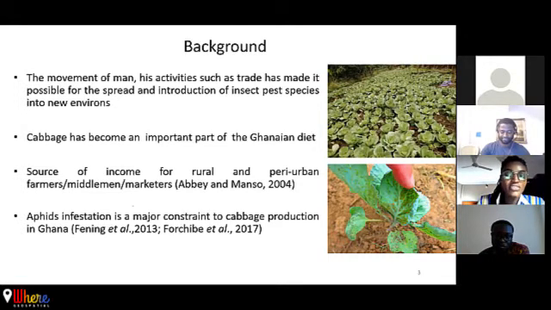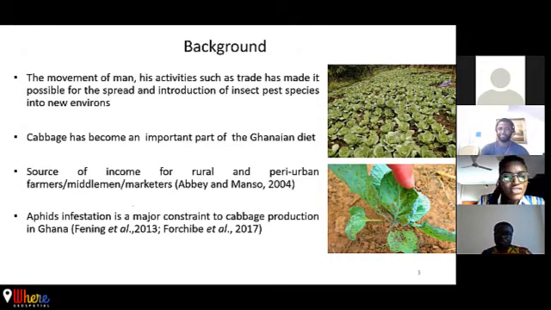Some insects are not endemic to certain areas, but you find them in particular places. Cabbage, for example, is not a Ghanaian vegetable, it's a Mediterranean vegetable. So for it to be in Ghana with this pest accompanying it tells you that it came along due to the movement of different vegetables, or trade and all of that.